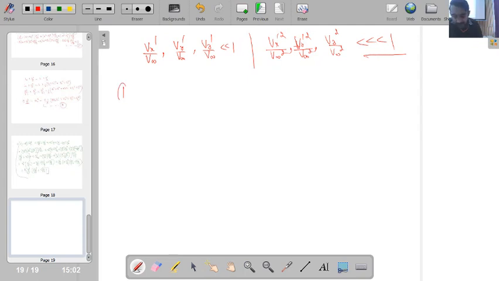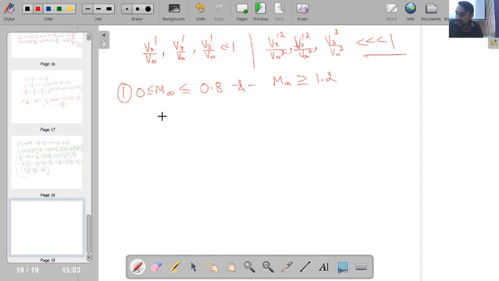Second condition is when my Mach number M infinity is varying from 0 to 0.8, and if it is greater than 1.2.